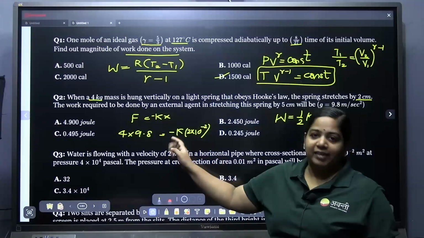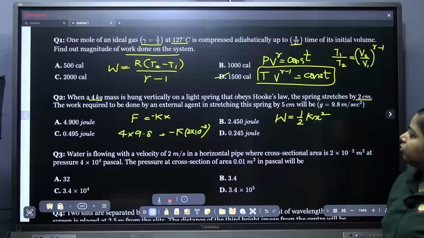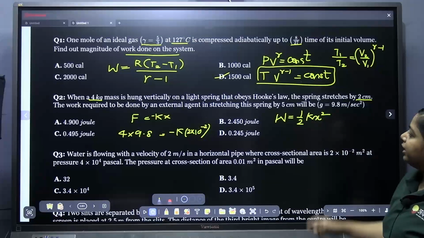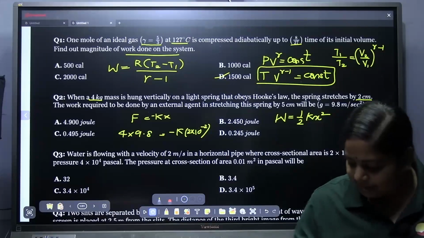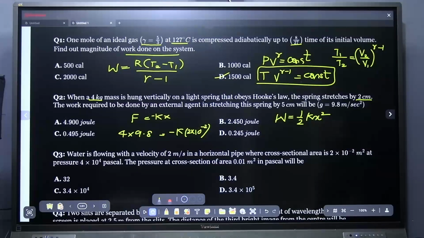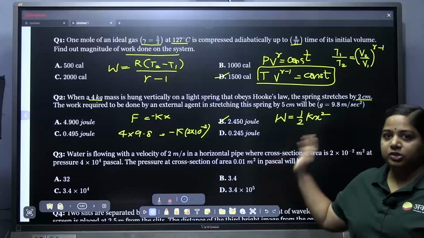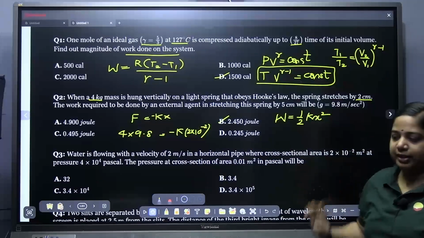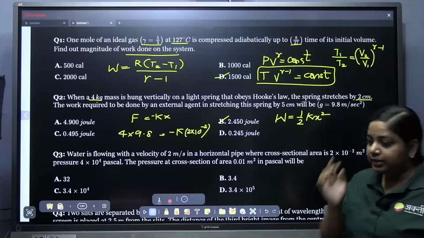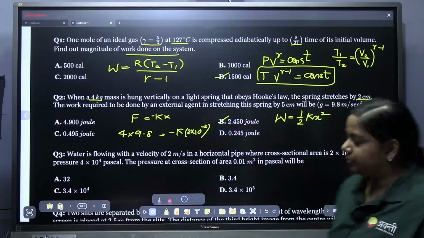From this you will get the value of k, substitute it here, then you can find the work done for 5 cm. Here the answer is option B, okay. So you first find k, substitute in the work done equation, and you will get the answer. Is there any doubt in this? Okay.